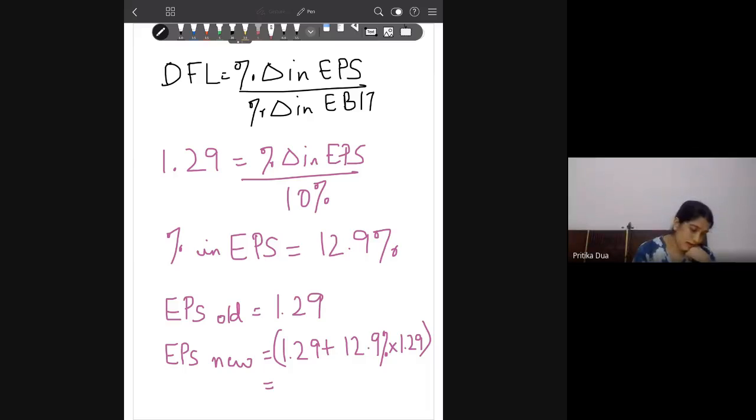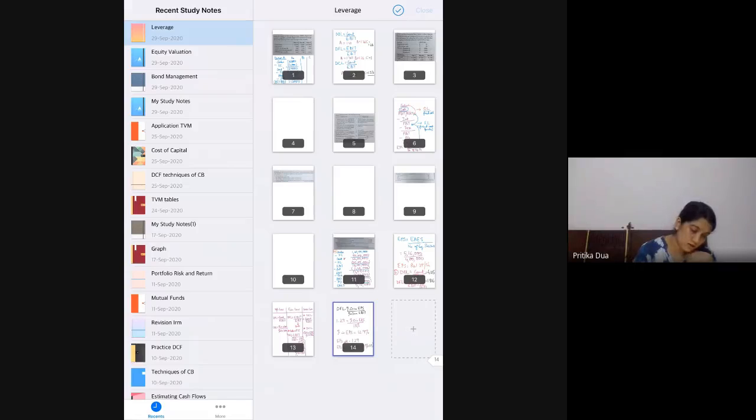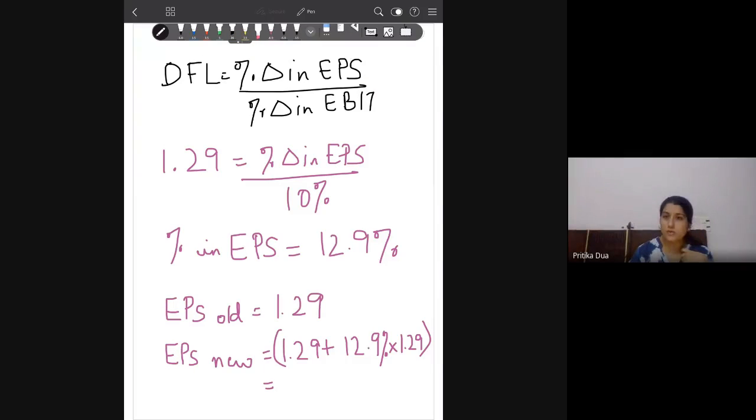Have I taken the correct value of EPS? It is 1.86. I'm sorry, idhar one corrected also. Financial leverage is 1.86. I've taken this as 1.29.